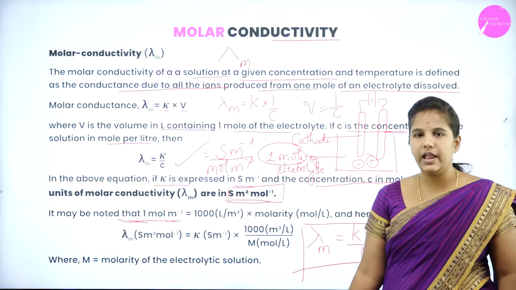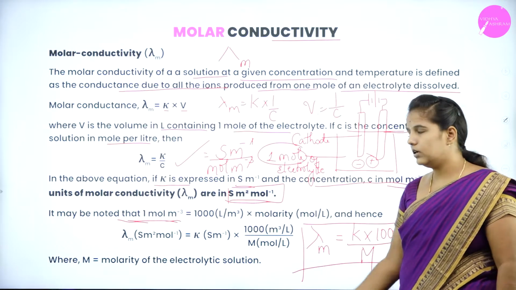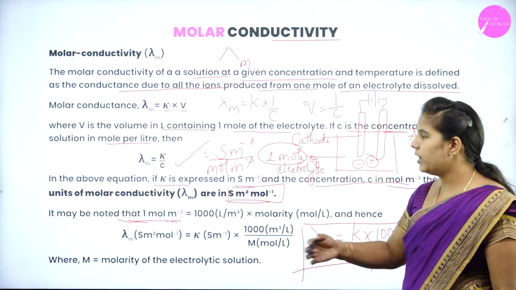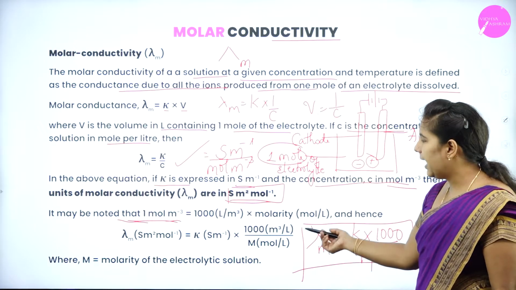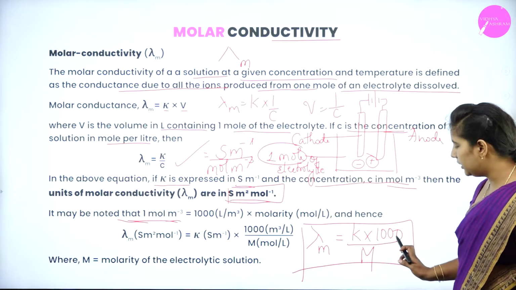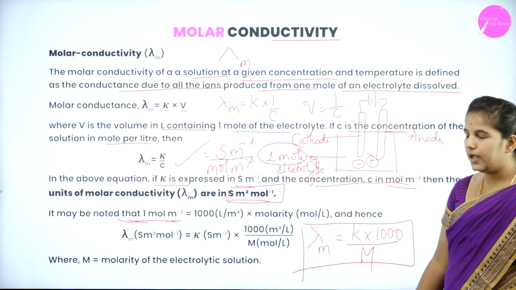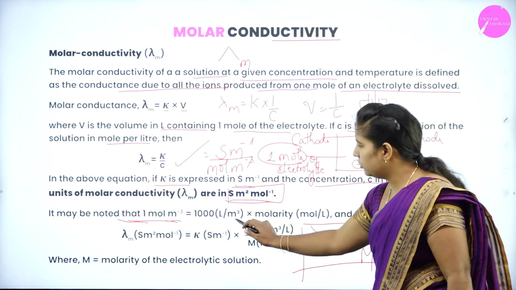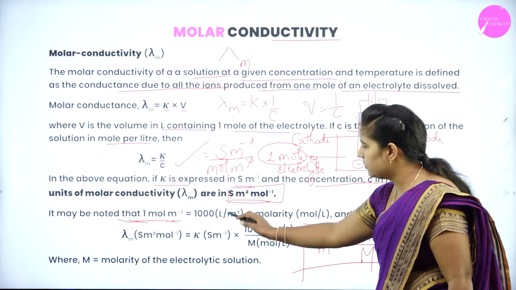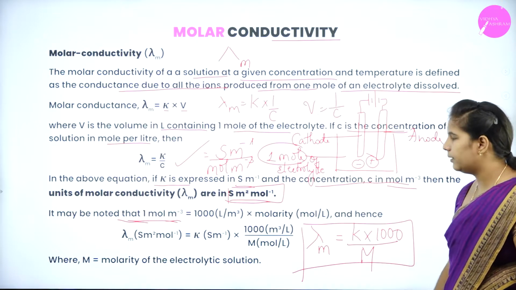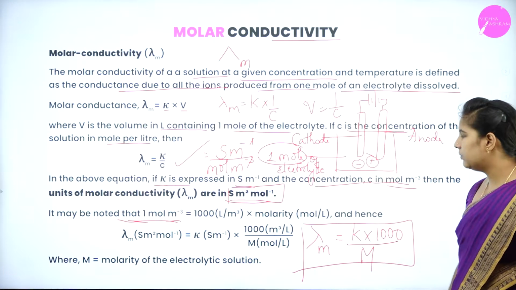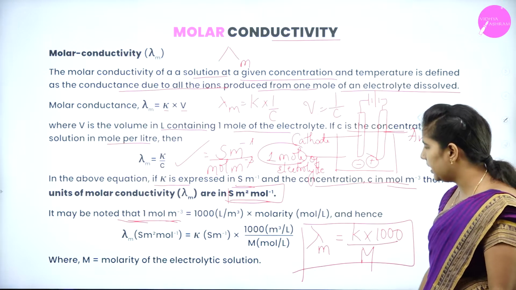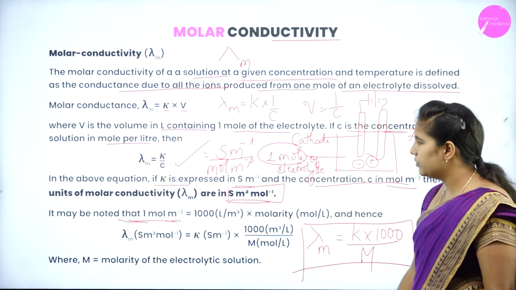Suppose I take 1 mole in terms of cubic meter, then the entire equation will become K into 1000 divided by M. Here the 1000 is expressed in terms of liter, and molarity is nothing but mole per liter.